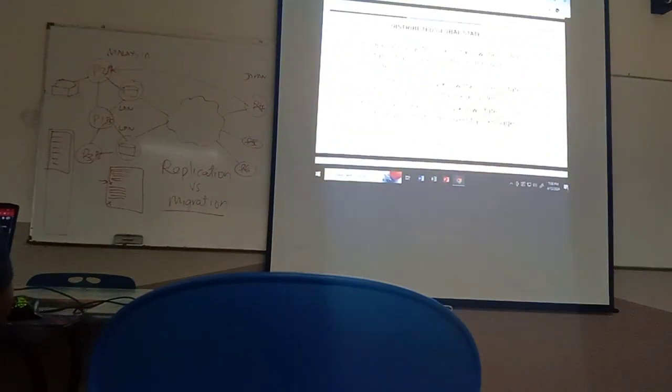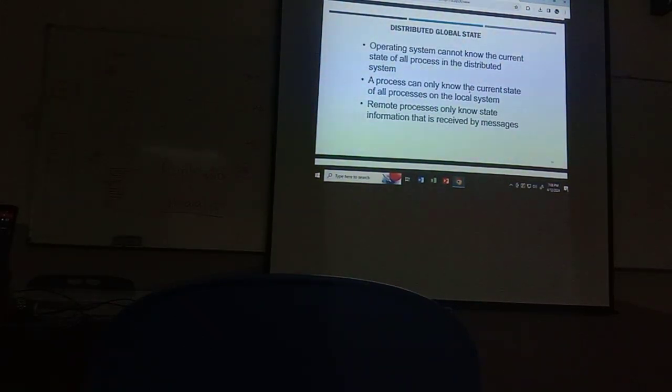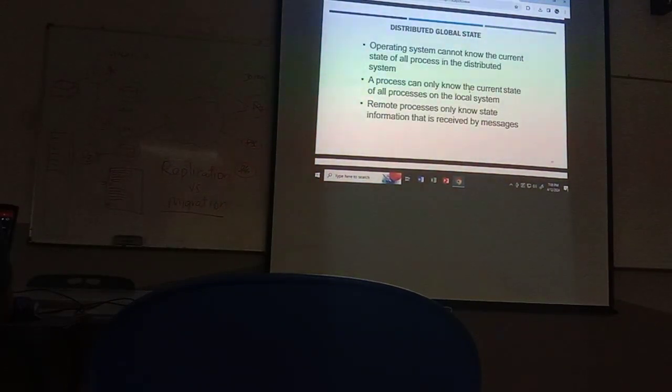Okay, distributed global state, and this is quite important because otherwise the data or the state, while it is processing, is not kept, and therefore the process is not running correctly. As you run, you will have some kind of context that you need to keep track of. Let's say, for example, the registers or the file that you open, and the file state that you are writing into. The operating system cannot know all this state.